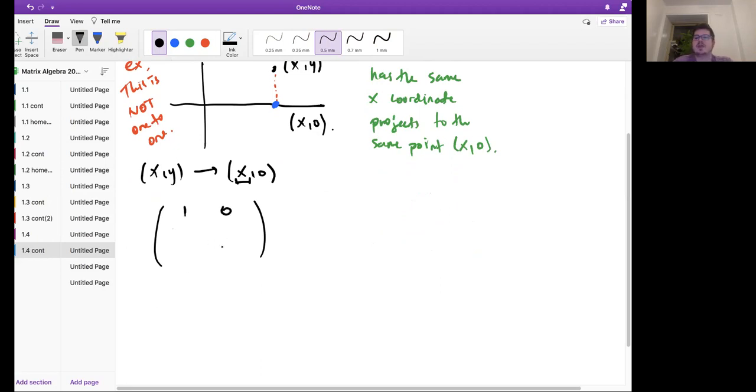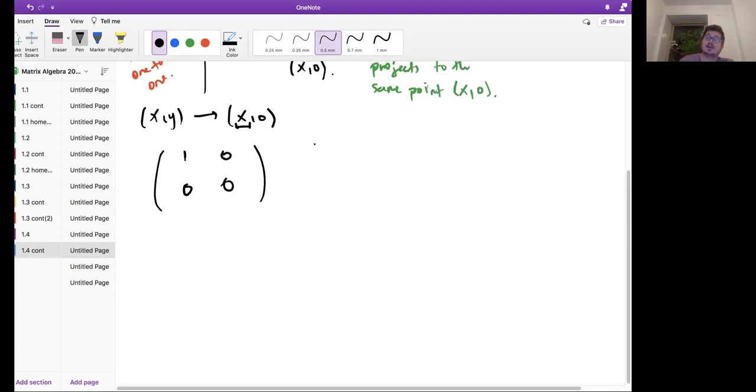So let's read the second row now. How many x's are in the second position? 0. How many y's are in the second position? 0. So the claim is this has no inverse.